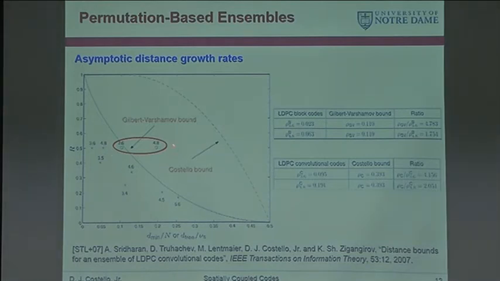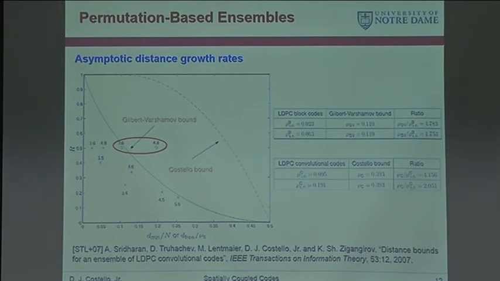We get these results for the free distance for 3,6 and 4,8, and similar ratios between the free distance growth rate of 3,6 regular and 4,8 regular low density convolutional codes compared to the bound for the general class of convolutional codes. So again, 3,6 regular is about a factor of 4 away in growth rate, and the 4,8 regular is only a factor of 2 worse than what you could get with general codes.